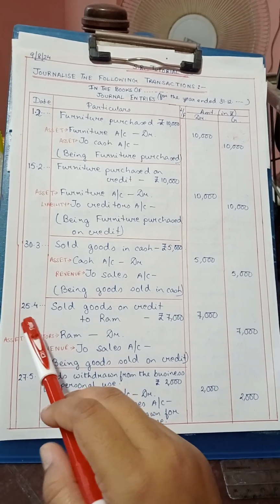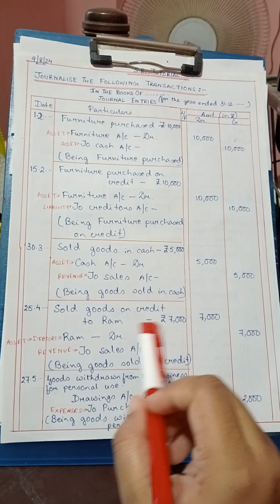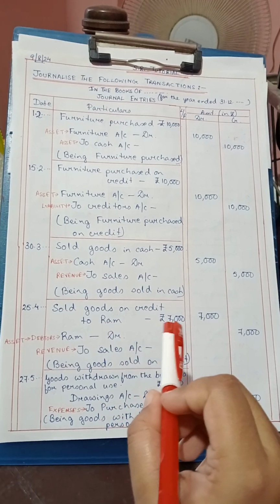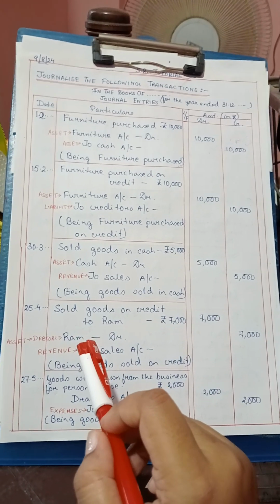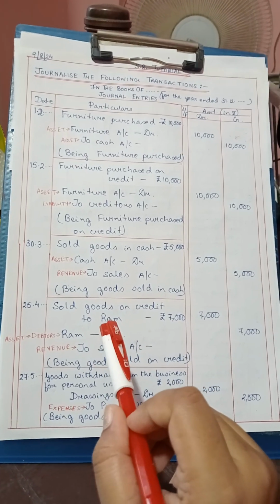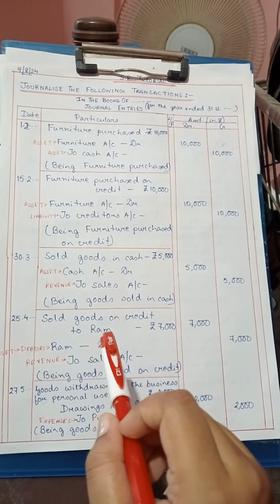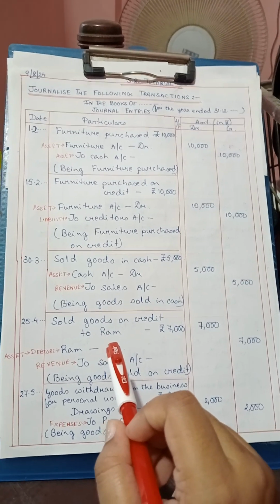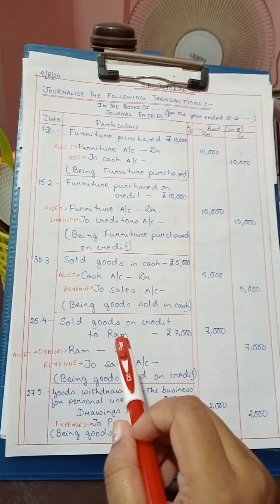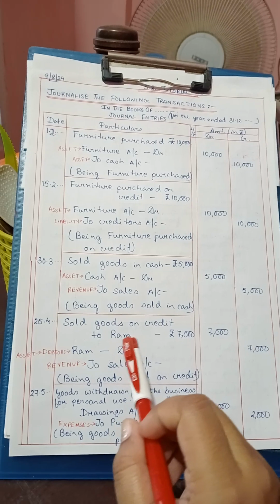Now you see on 25th April, sold goods on credit to Ram rupees 7,000. So here goods have been sold on credit to Ram. On the date of sale of goods, money has not been received, so there is a debtor, it is an asset.